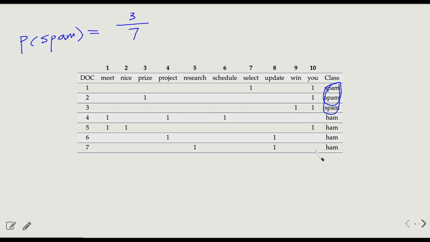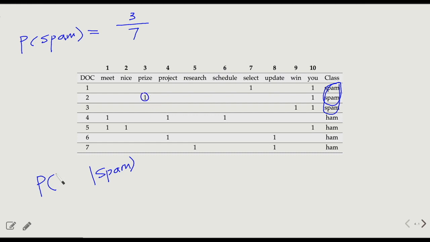So the probability of receiving a spam email is 3 over 7 according to this small data set, right? On the other hand, we can also estimate some other conditional probabilities. For example, suppose there is an email that we know is a spam. For that email, how likely are you going to encounter a term such as price?